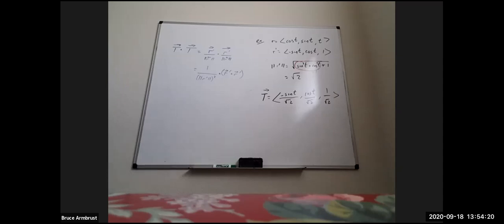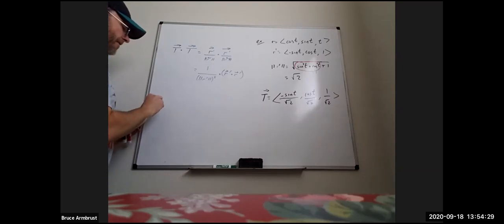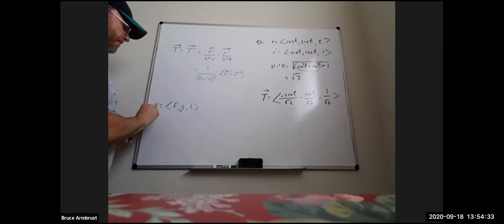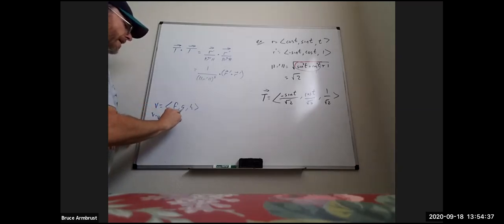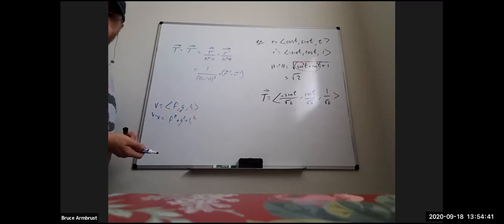Okay, well, think about this. Let's go to the definition of the dot product. So here's a vector, right? Let's just call it F, G, and H. So if we dot it with itself, we're going to get F squared plus G squared plus H squared, right?